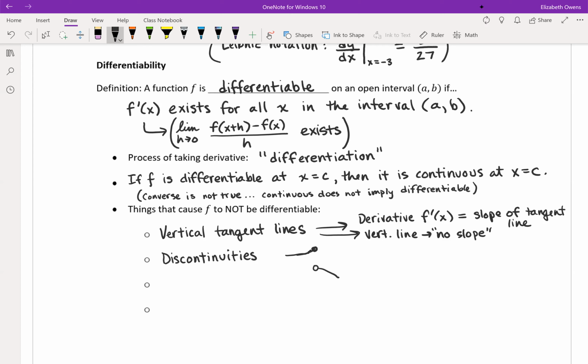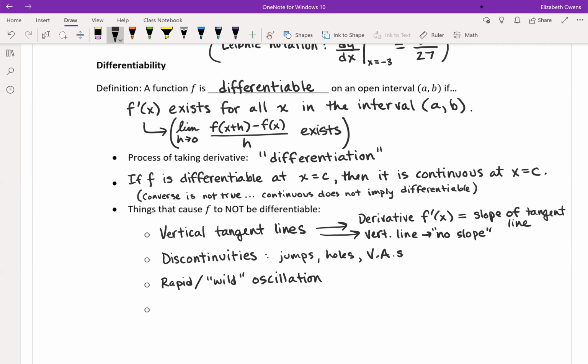How are we going to make a tangent line to that? We're not. So a discontinuity like that would not give us a derivative. So discontinuities in general, including also rapid oscillation, or wild oscillation, as the book is fond of calling it. So rapid oscillations and general types of discontinuities: jumps, holes, vertical asymptotes.